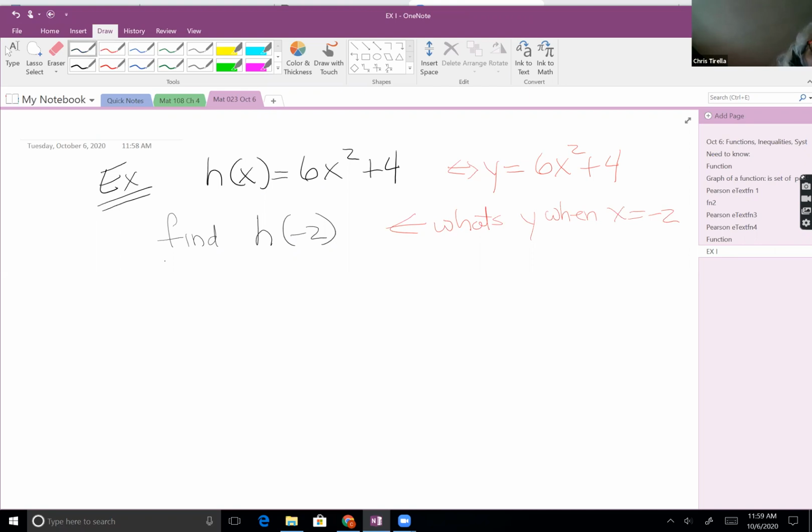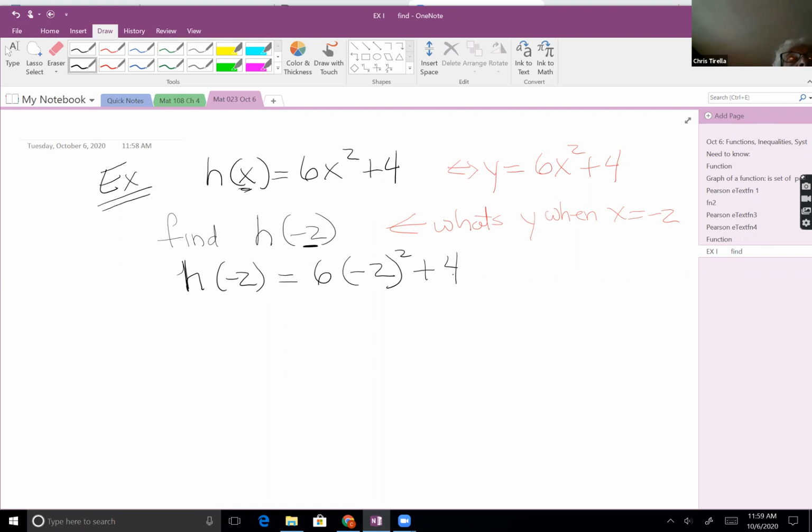So when I have to find h of -2, over here where there was an x, I put in the -2. I'm going to substitute that number -2. And then I'm going to use my order of operations to simplify that.